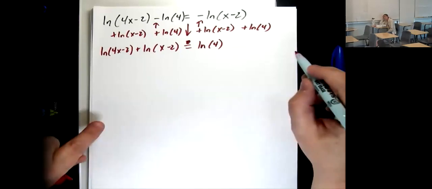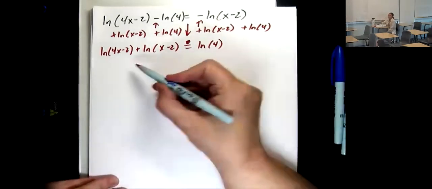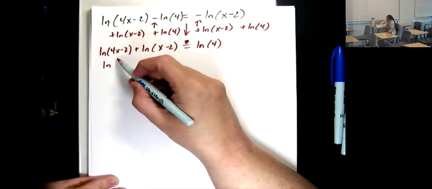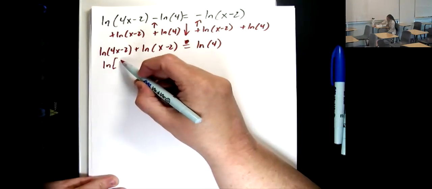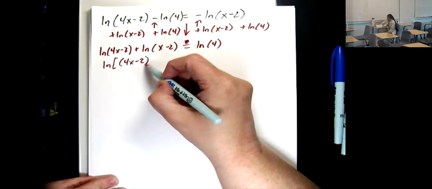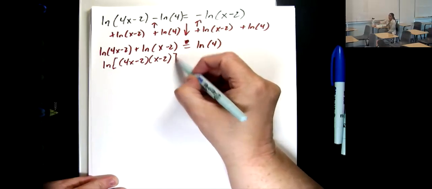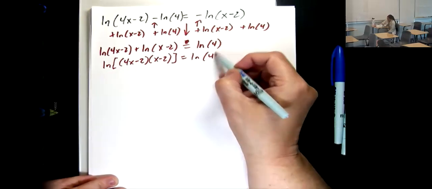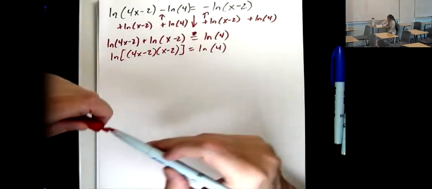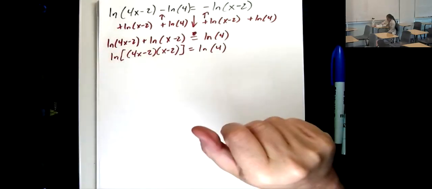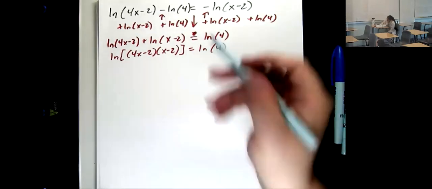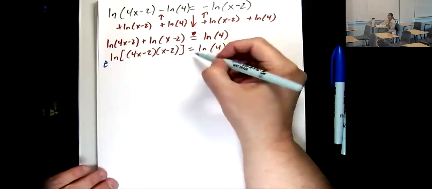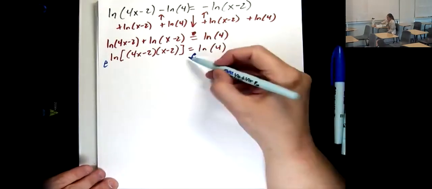Now we can put them together. We don't have any division. Same thing we did last time: we raise both sides to the power of e.